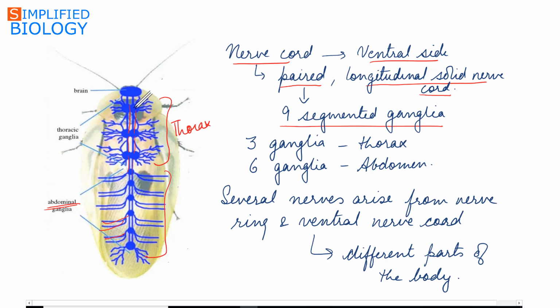Several nerves arise from the nerve ring and the ventral nerve cord, supplying to the different parts of the body.